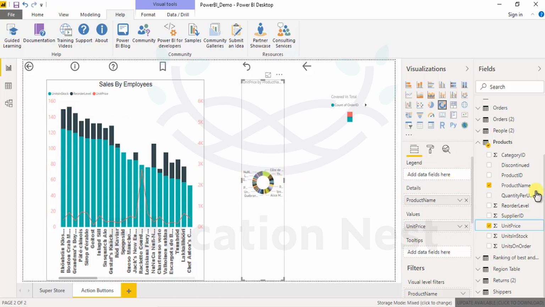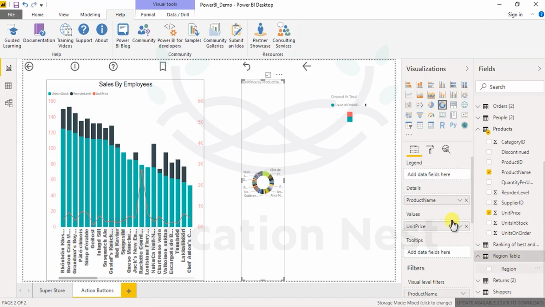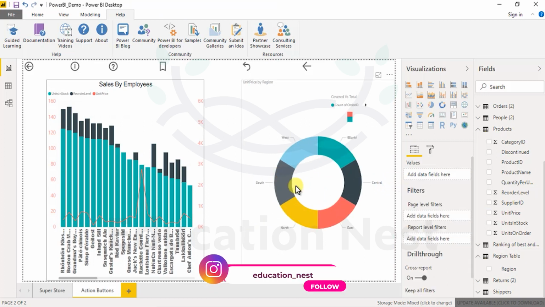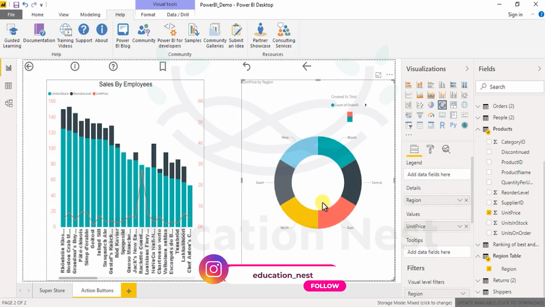Since the product list is huge, we are left with very few things. What about region? What if we bring in region over here? And then region-wise, what if we break down the part-to-whole relationship?